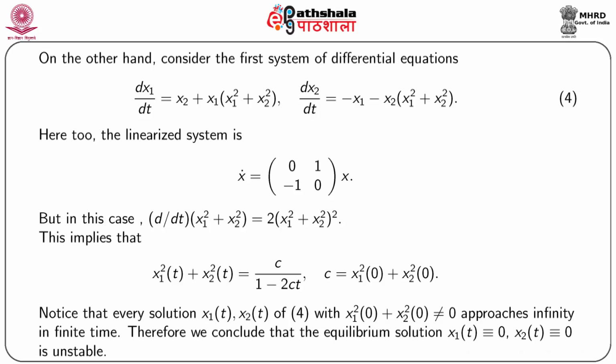So if we consider t equal to 1 by 2c, then this becomes undefined. As t tends to 1 by 2c, the right hand side becomes plus infinity, and therefore, we conclude that the equilibrium solution x1(t) equal to 0, x2(t) equal to 0 is unstable.